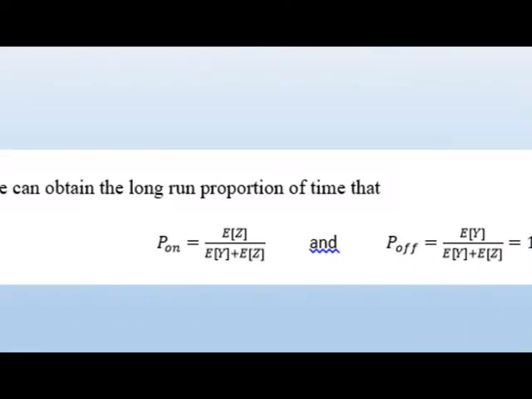Since then, we can easily calculate the expected time of the process in state on or state off. P_on denotes the long-run proportion of time that the system is on.